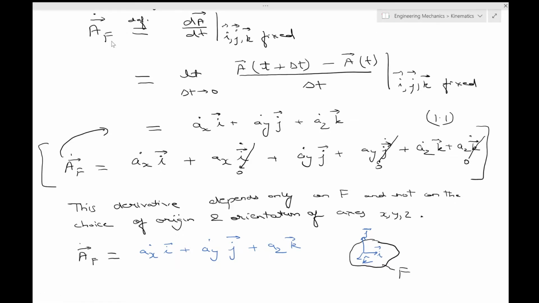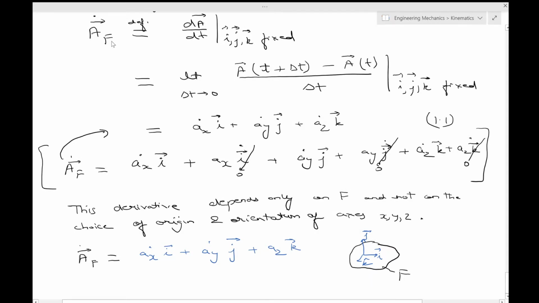You can now also have another set of basis vectors, say i dash, j dash, k dash, and write this as ax dash dot i dash plus ay dash dot j dash plus az dash dot k dash.